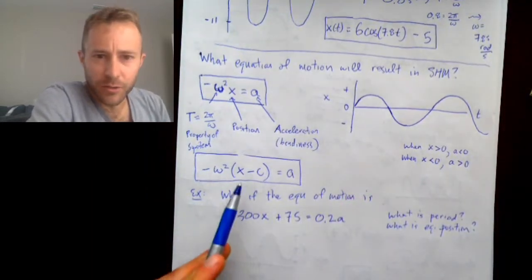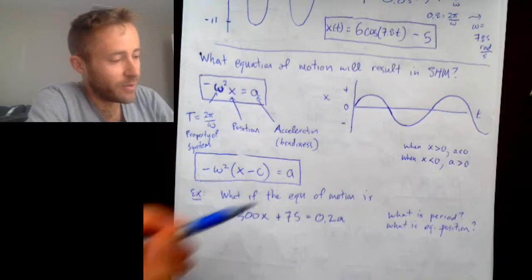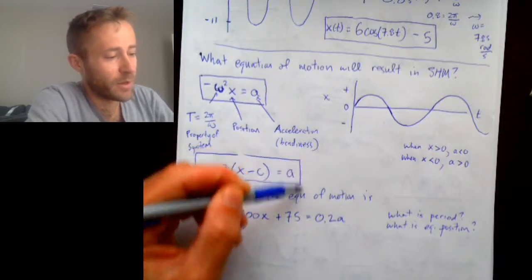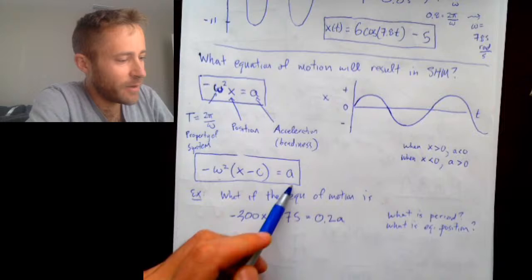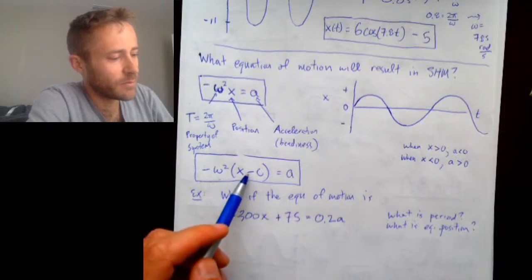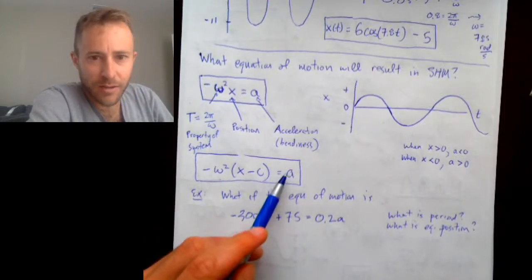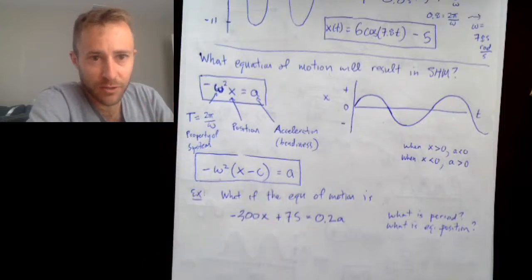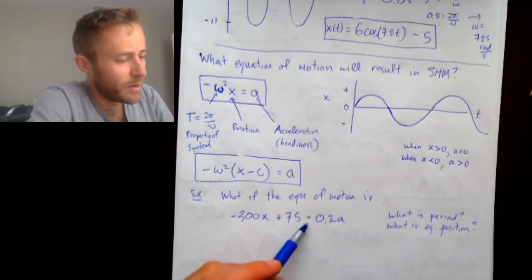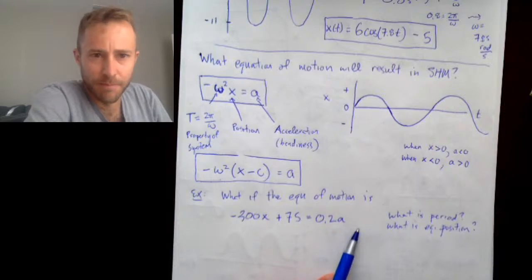So what we want to do is try and put the equation in this form. On the right-hand side, we just have acceleration by itself. Here, we have 0.2a.